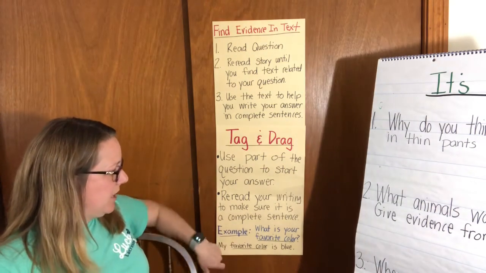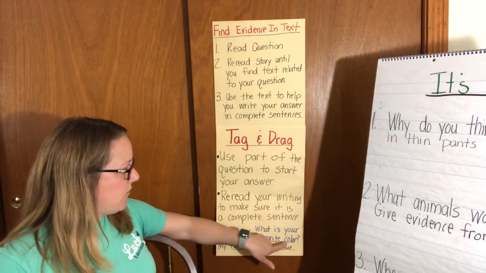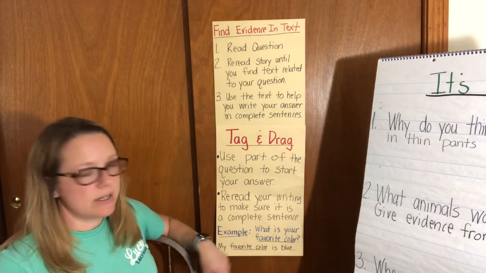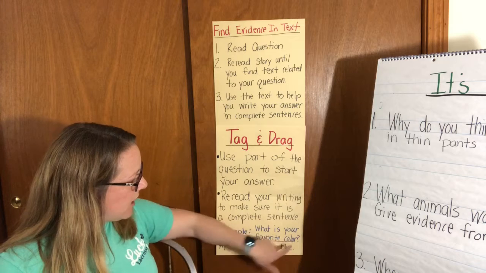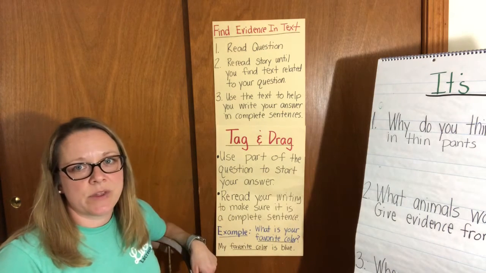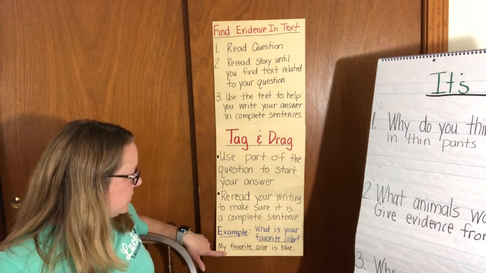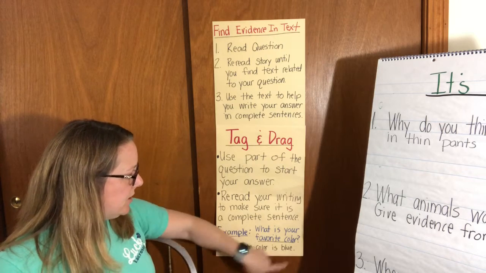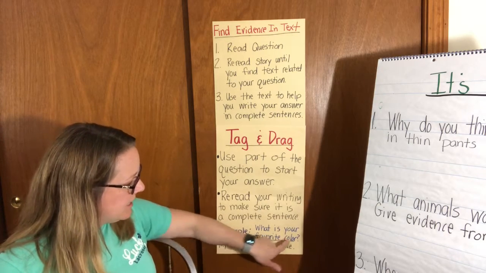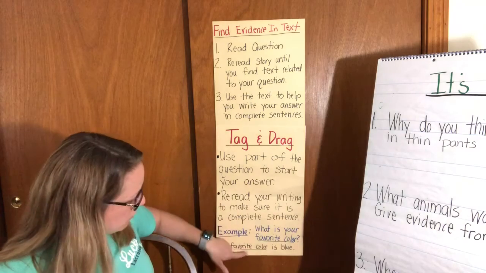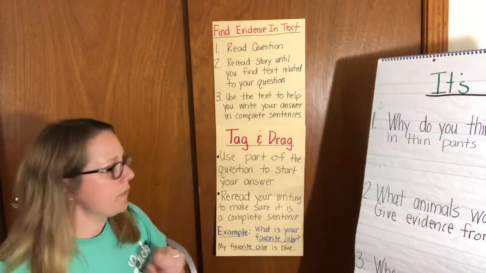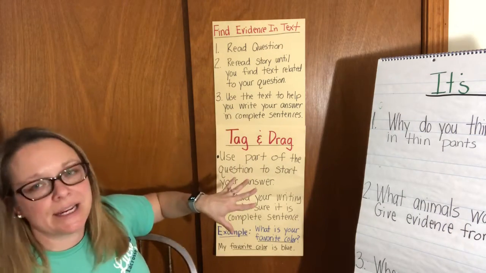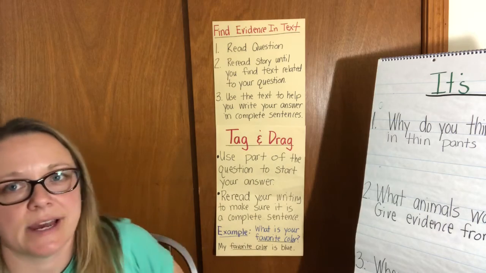So an example here is, what is your favorite color is the question. Now I underline favorite color because I'm going to make sure that's in my answer. And my answer is, my favorite color is blue. I tagged some of the question and dragged it into my answer. So we're going to keep that in mind when we answer questions after the story today.